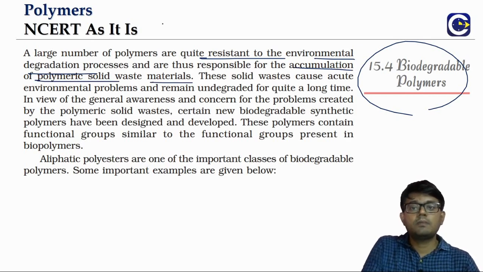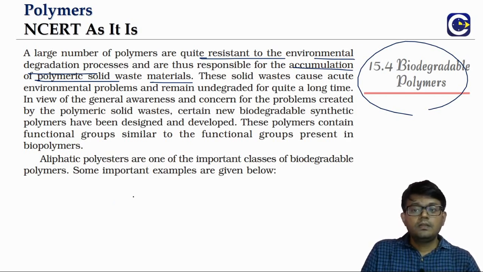Solid wastage, we remember we discussed this in the +1 environmental chemistry chapter. They will cause various hazards, including water pollution. They will also cause harmful effects on the plants, animals, as well as on human beings. These polymeric solid wastes have to be reduced.